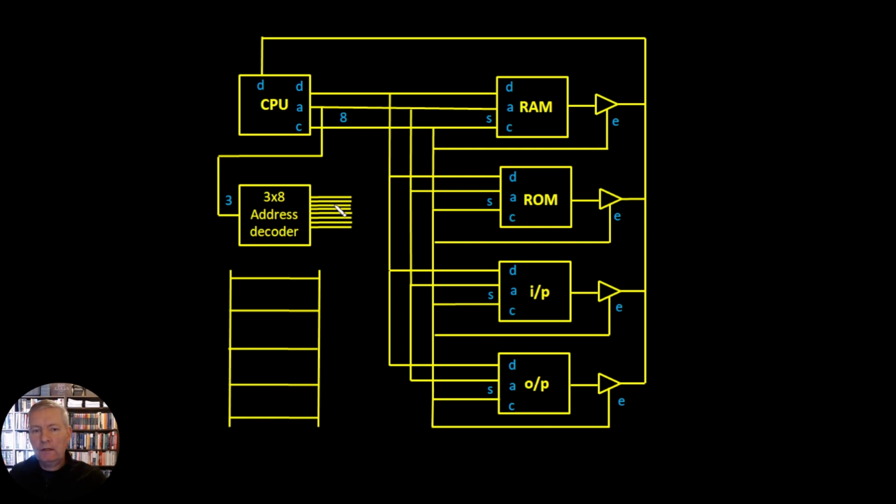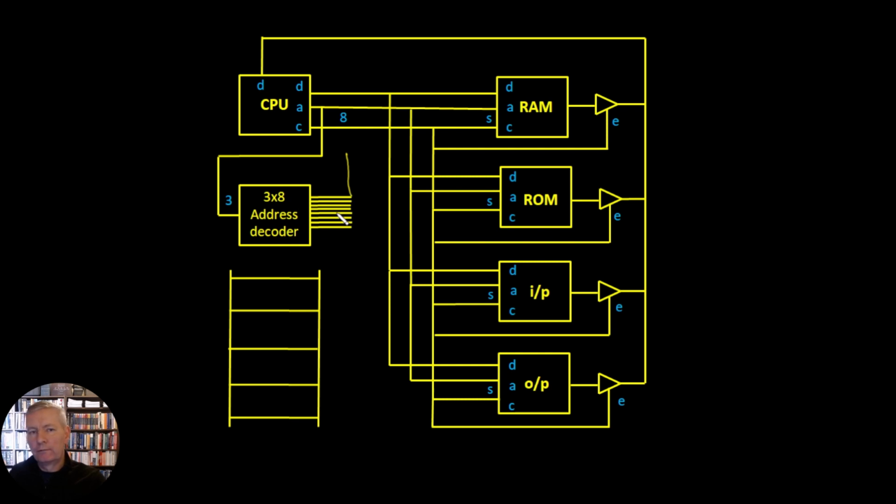So let's look at an example here of, say, the RAM and the ROM. Let's say, for instance, that the RAM here is going to be controlled by the control line here, but also this first bit of our 3x8 decoder.